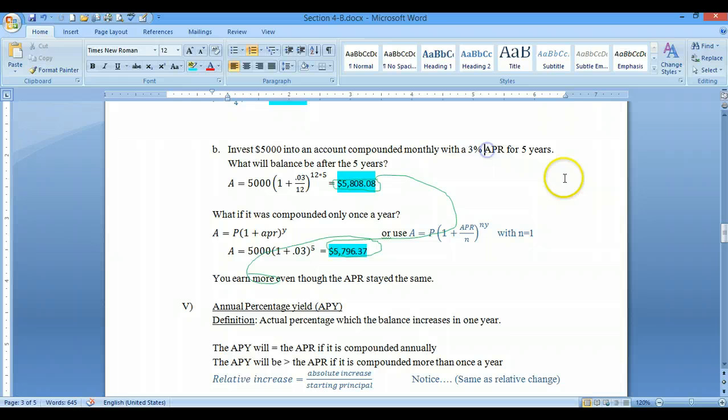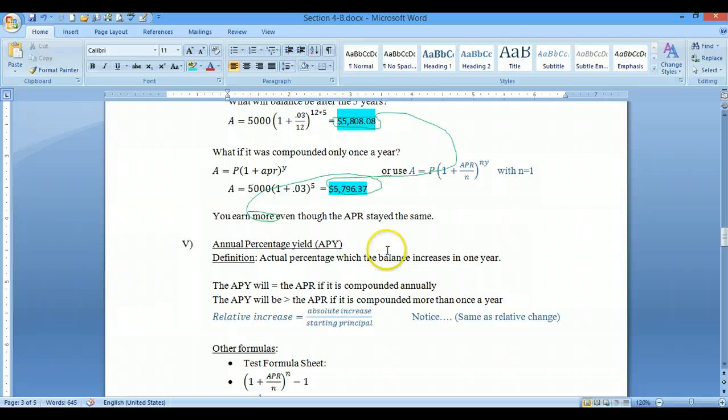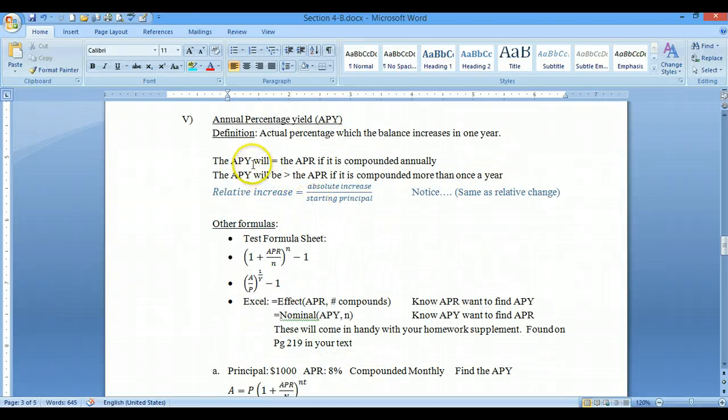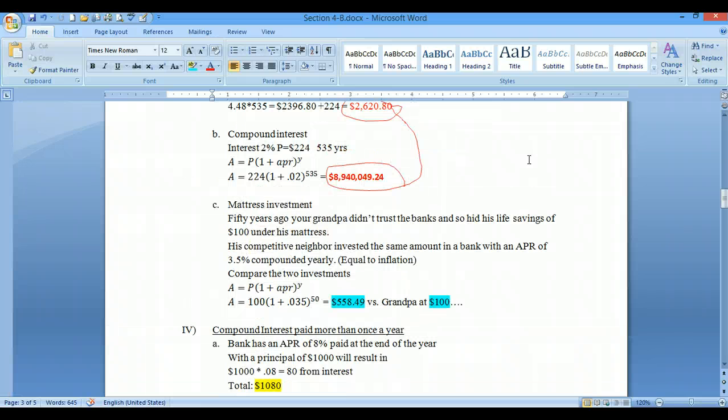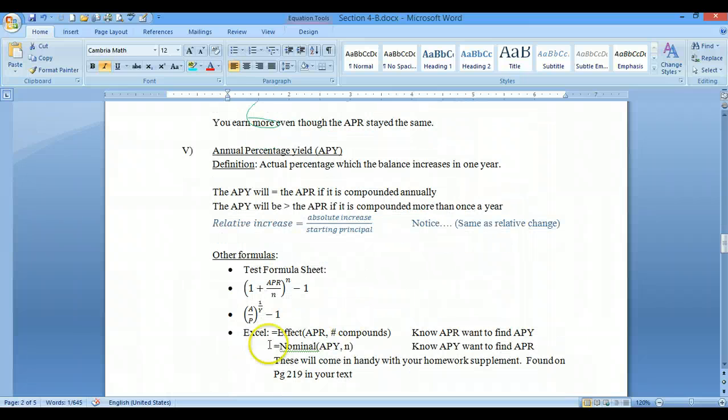So in this case, the APR was the same, but the balance was different. The APY would be different in these as well, because it's the actual percent that your balance increases in 1 year. So your APY will be the exact same as your APR if it's compounded annually. So the ones that we used our original formula for, how much it increases in 1 year is the exact same as the APR, the annual percentage rate.